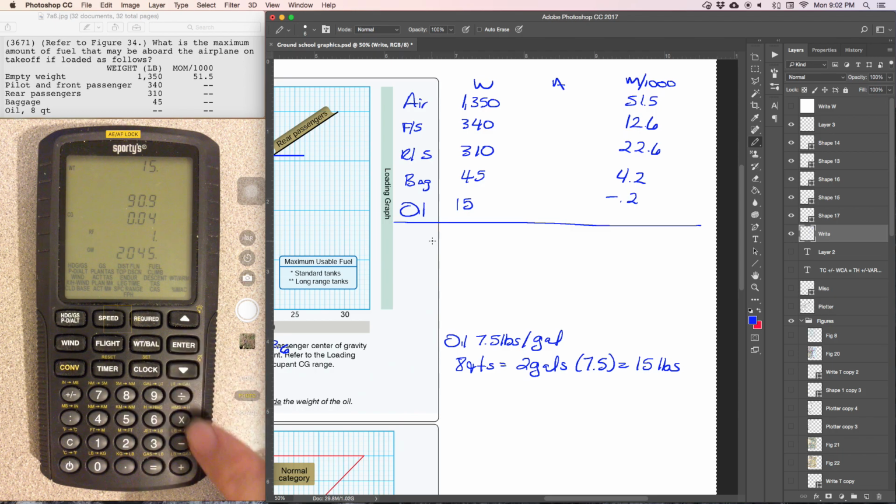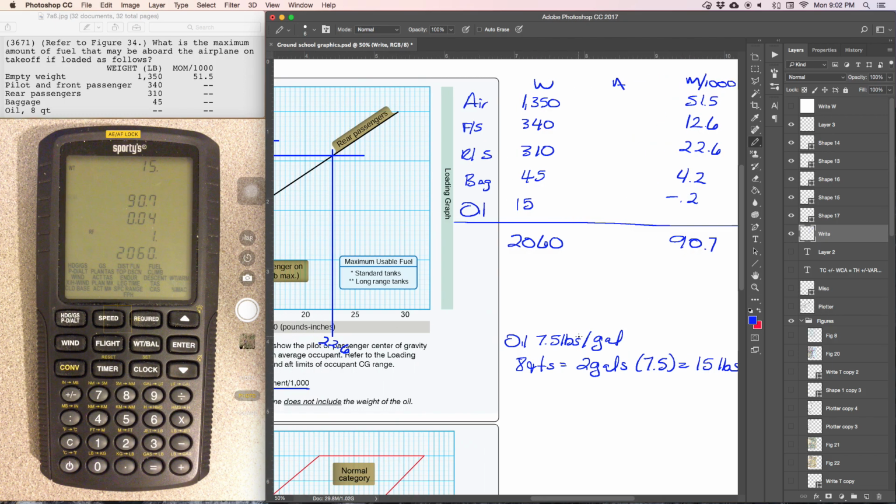Moment is 0.2 negative. So now we have a new total weight of 2060 and a moment of 90.7.